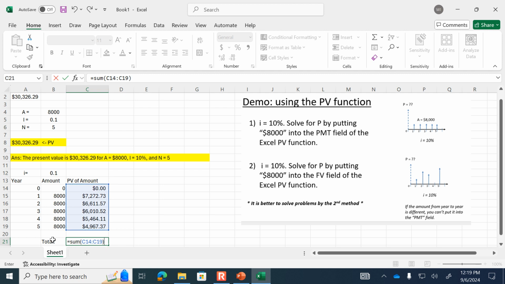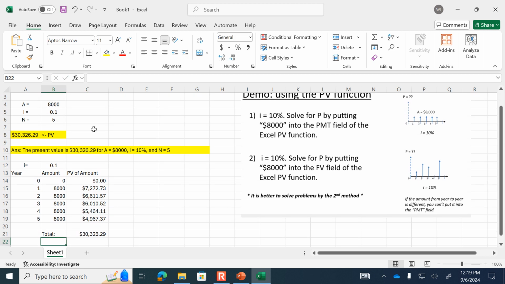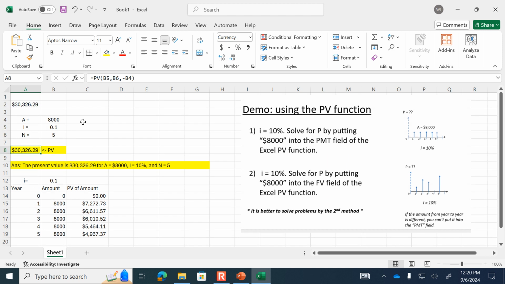And so you'll see what it says is sum C14 colon C19. That means the sum of all the values in that range of cells. So enter the same thing that we had here, 30,326 and 29 cents.